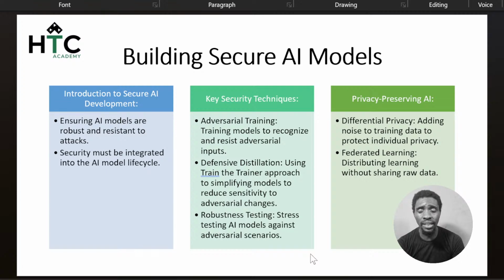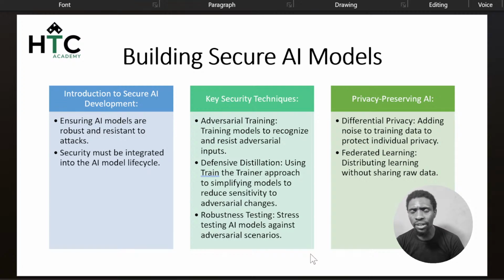So then there is defense distillation. Defense distillation is a security method whereby you use a train-the-trainer approach. So how does it work? You train an AI model, then send AI data input to a model in the course of training.